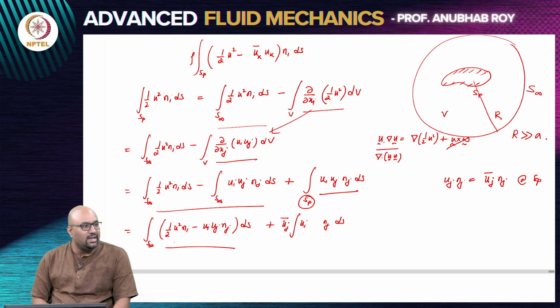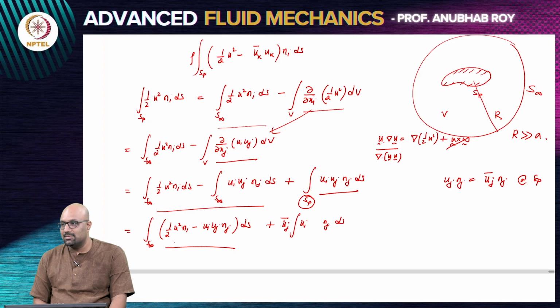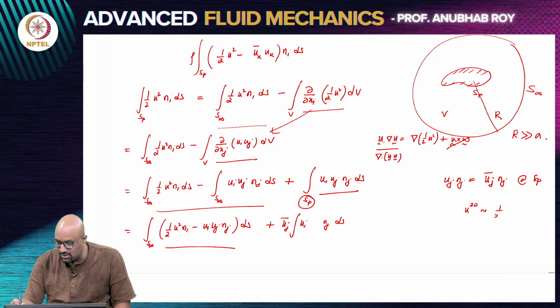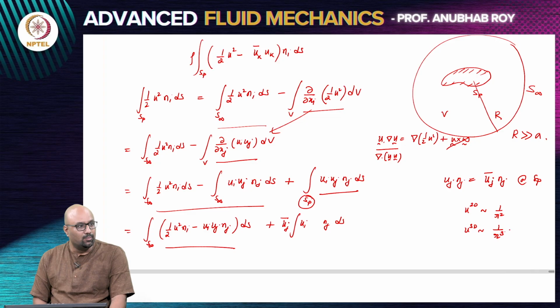Now, how does u decay when we are at large distances? We went through this exercise. We said that the source will not contribute. The only term that will be there, the leading order term, will be the potential dipole. And we know that the potential dipole in 2D goes as 1 over r square. The potential dipole in 3D will go as 1 over r cube.